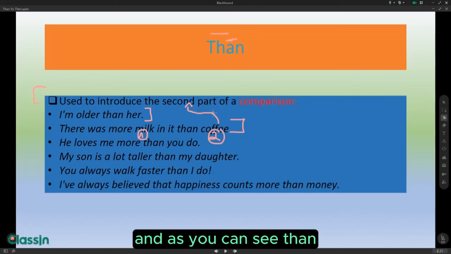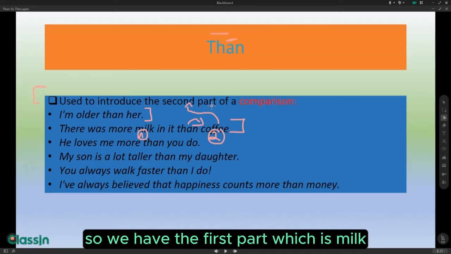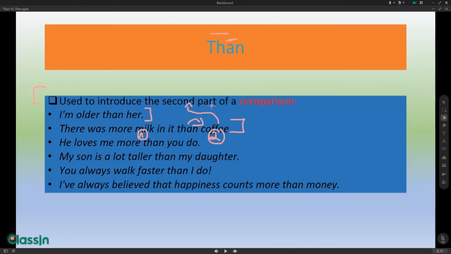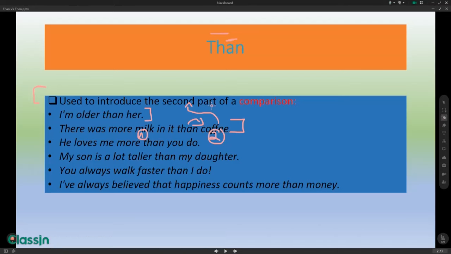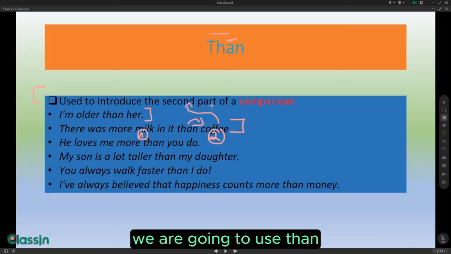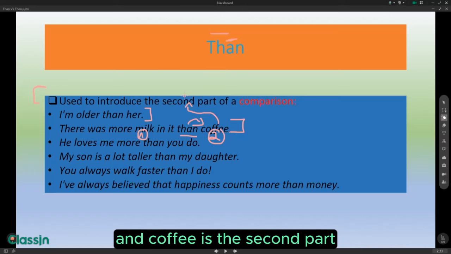And as you can see, "than" here is introducing the second part. So we have the first part, which is milk. And after that, we are comparing milk to coffee. But before we put the word coffee, we are going to use "than" because we are comparing milk to coffee. And coffee is the second part.